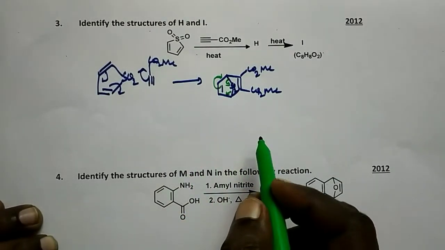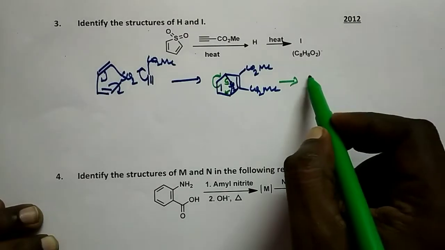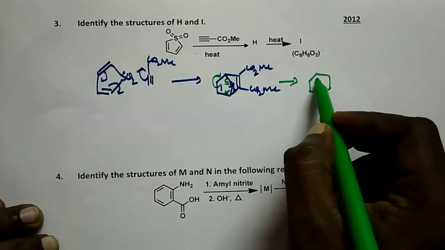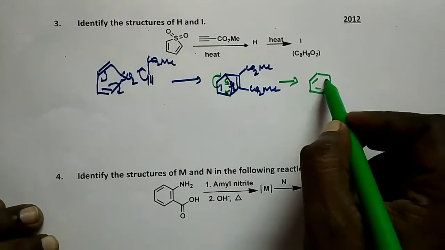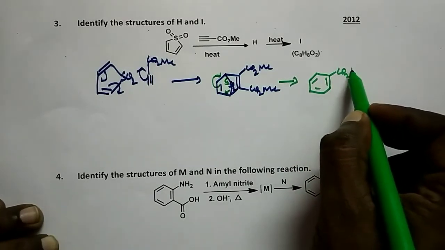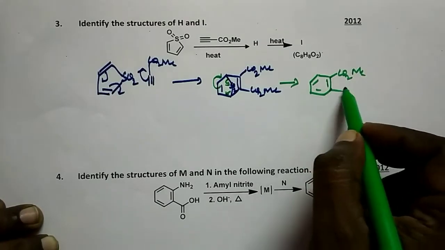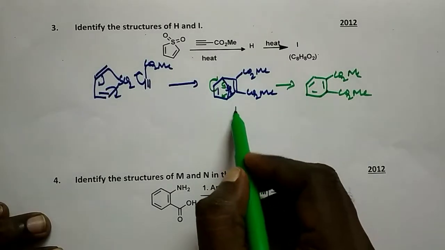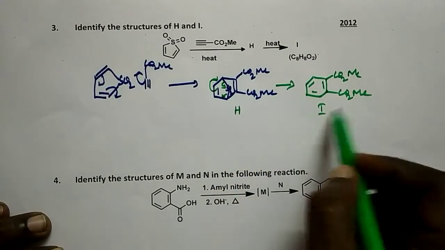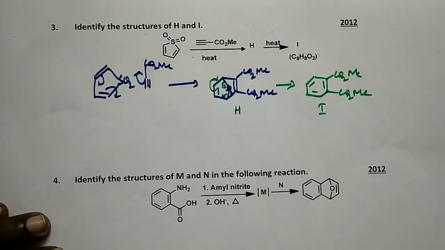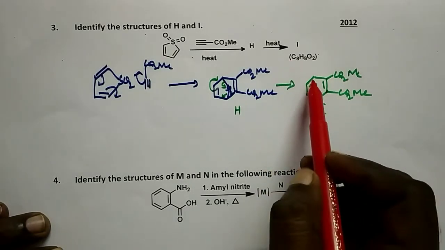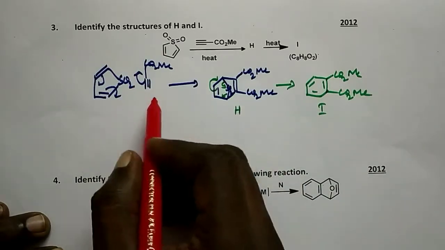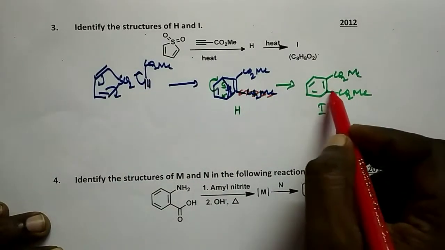SO2 goes away. So we get CO2Me, CO2Me. So this is product H and this is product I. Count the number of carbon: 6, 7. Sorry, only one CO2Me is there.